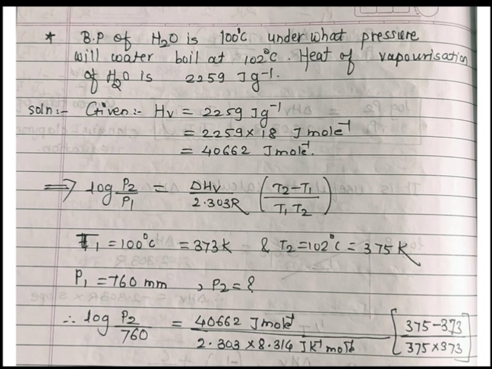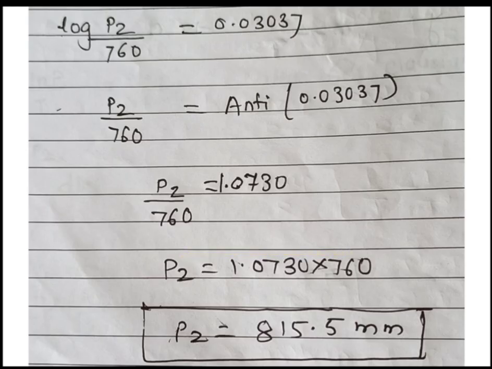After calculating this, the value of the right side is 0.03037, and the left side stays as it is, log of P2 upon 760. Just transfer the log to the right side, that means take the anti-log of the right side.